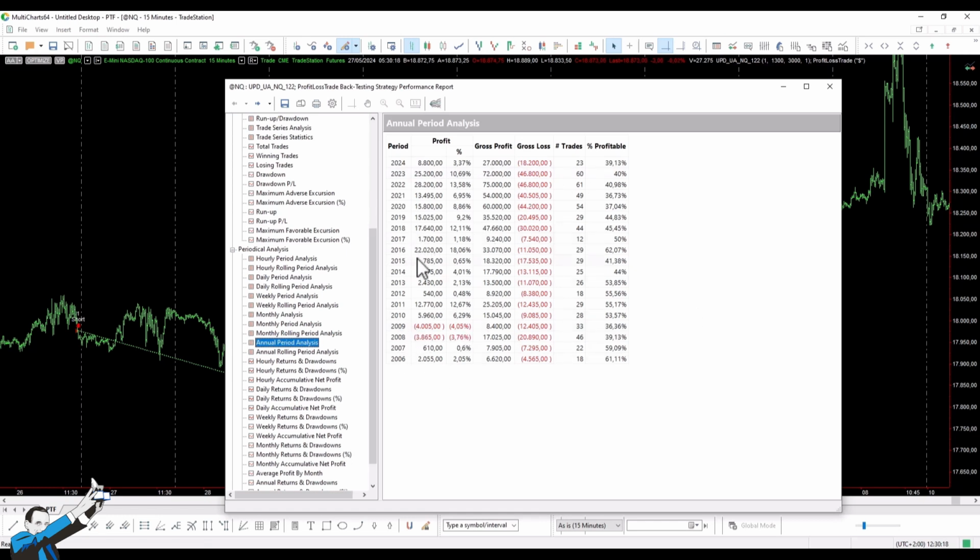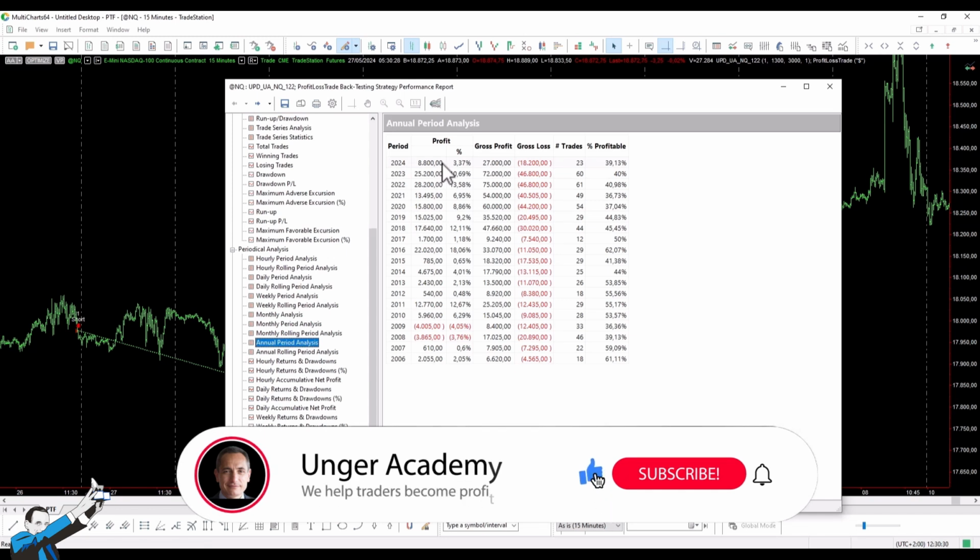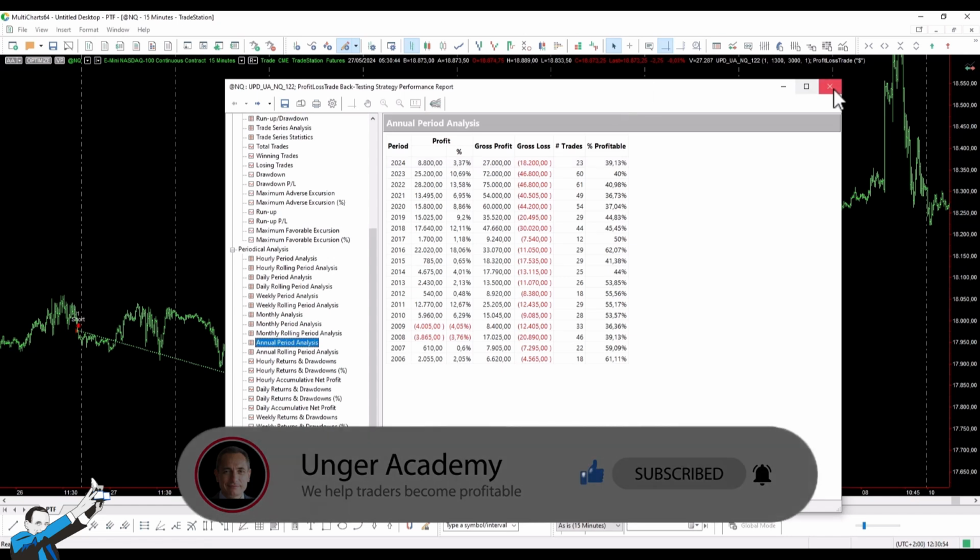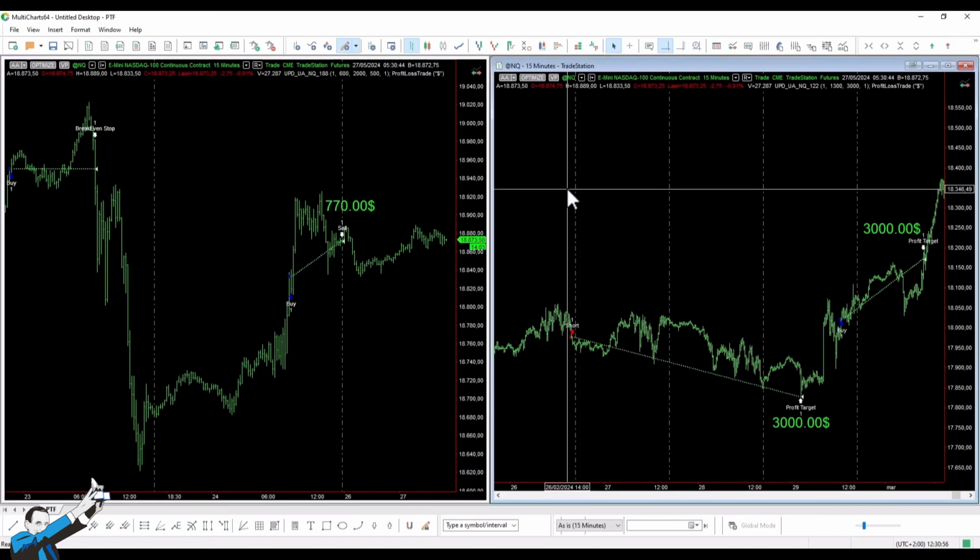From 2016 onwards, excellent performances have been achieved, as shown by the total profit. Since the beginning of 2024, this strategy has been performing much better than the previous one, but it's still too early to draw conclusions. Let's wait and see how it performs in the second half of 2024.